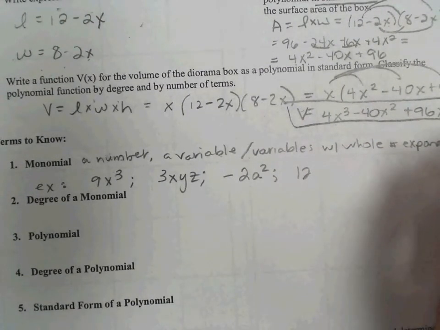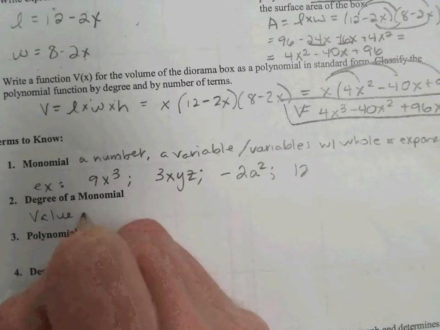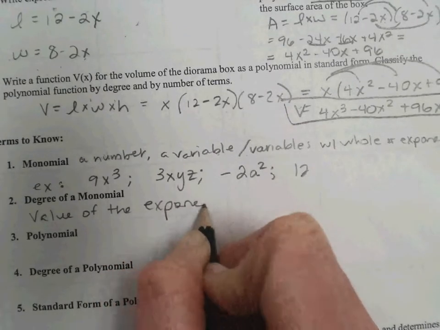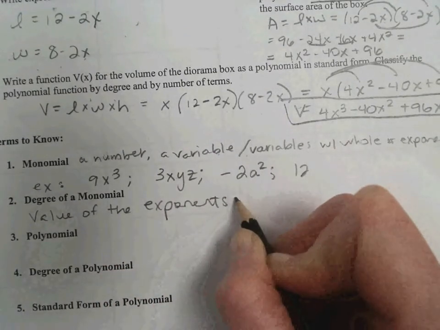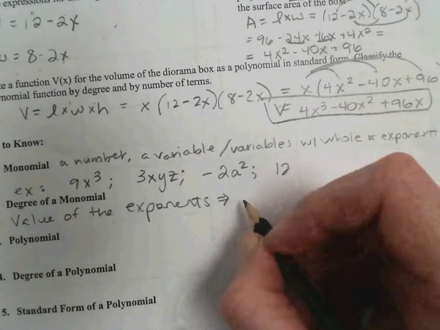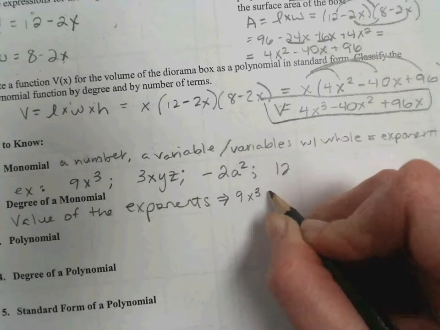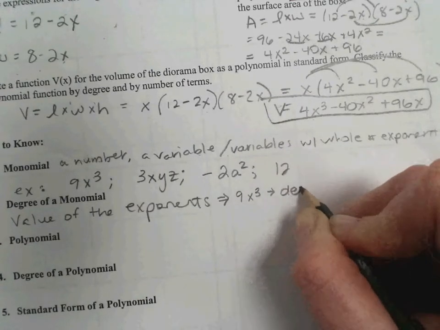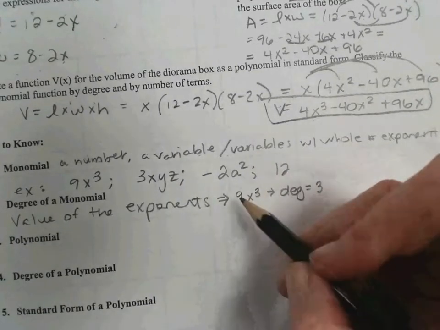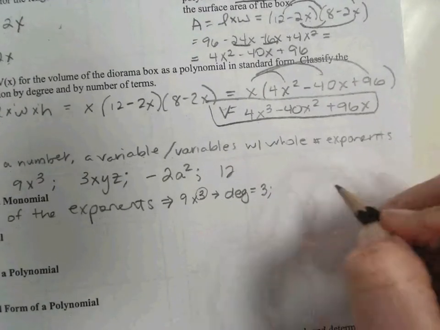Those are all monomials. The degree of a monomial is just the value of the exponent. So for example, 9x cubed has a degree of 3. Since the exponent value is 3, the degree is 3.